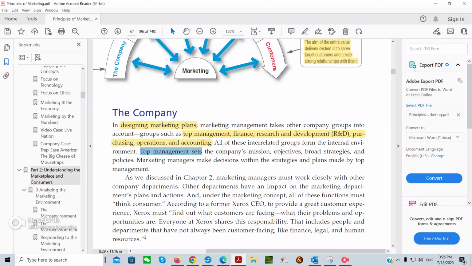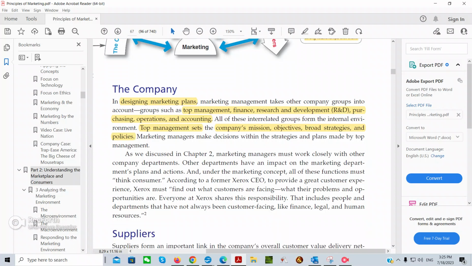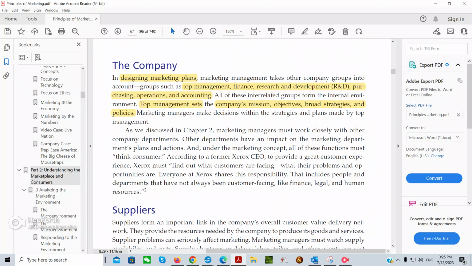Top management sets the company's mission. So what does top management do? Company's mission, objectives, broad strategies, and policies. Okay.